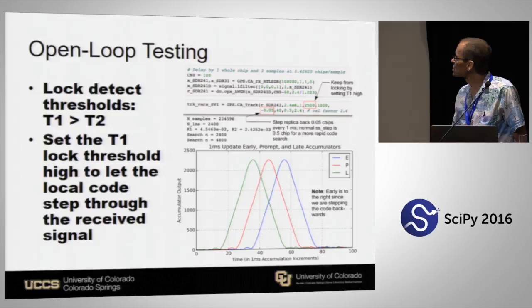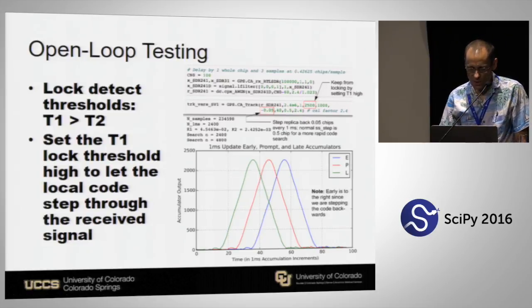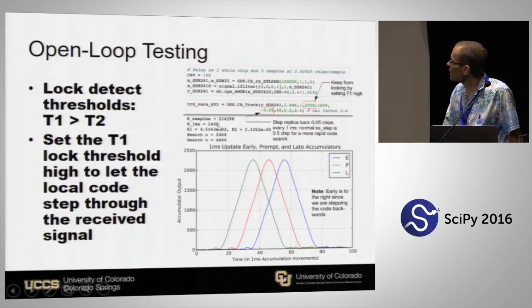And this is the actual sequence of how you would write the simulation: set a carrier to noise ratio in dB, create some signals, throw in some noise, and then this is the CA code tracking function itself, which is a high level, what I call a top level, and it calls the objects inside to run a simulation or on stored data, and then you get output.